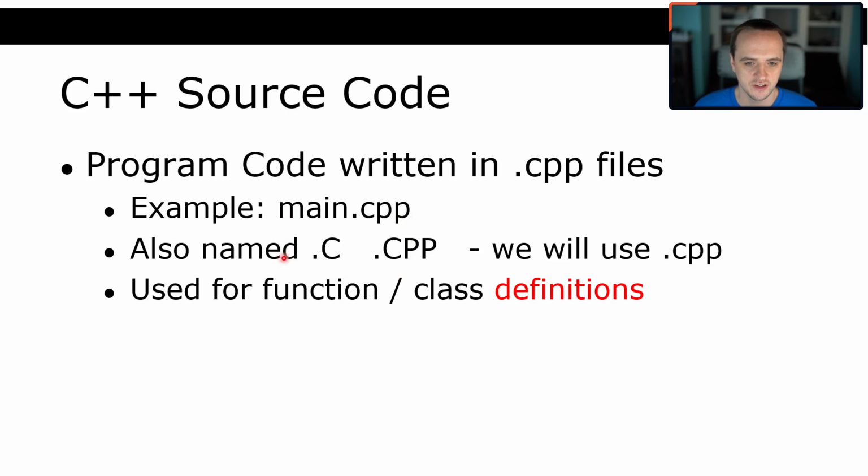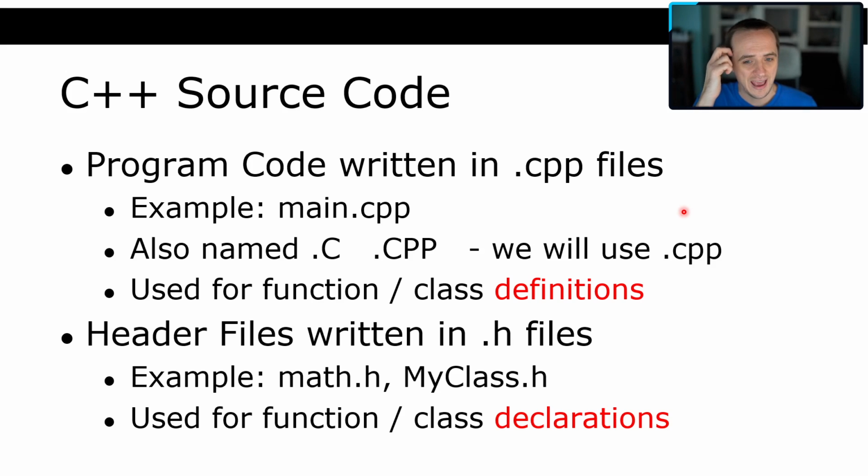In other projects and online, you may see people write C++ code in a .C file, in a .CPP file. As you all know, the extension doesn't really matter. It's just a naming convention. And so in this course, we're going to be using .cpp. And the cpp code is used for function and class definitions. Okay, and we'll get into this in a little bit.